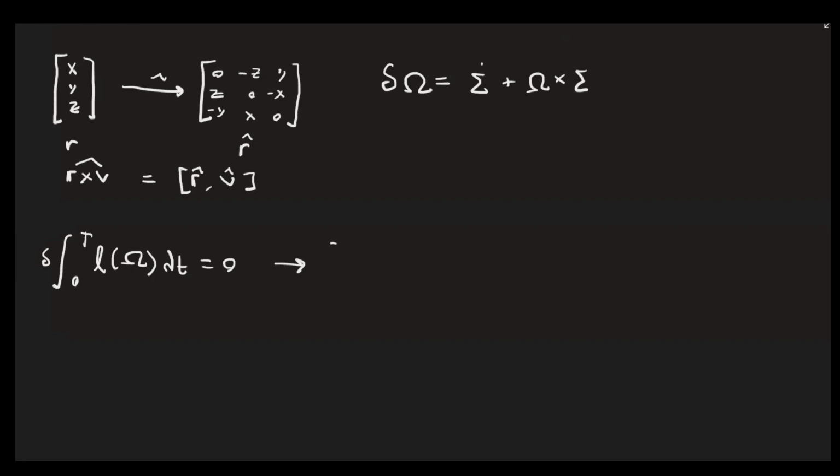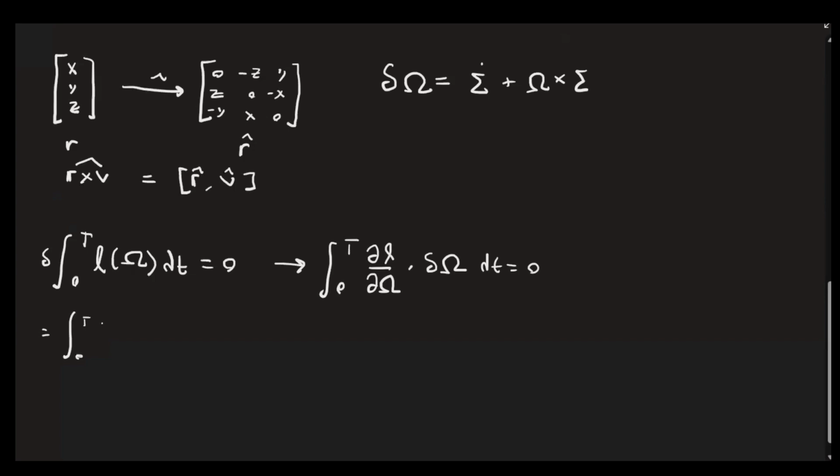So this becomes the integral of dL/d omega, or gradient with respect to omega, times the variation of omega dt equals 0, equals the integral of dL/d omega times sigma dot plus dL/d omega times omega cross sigma.